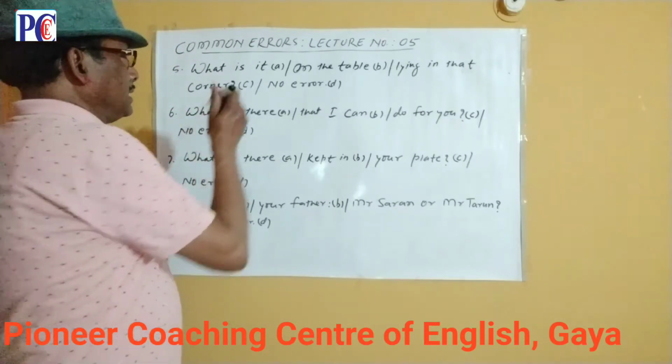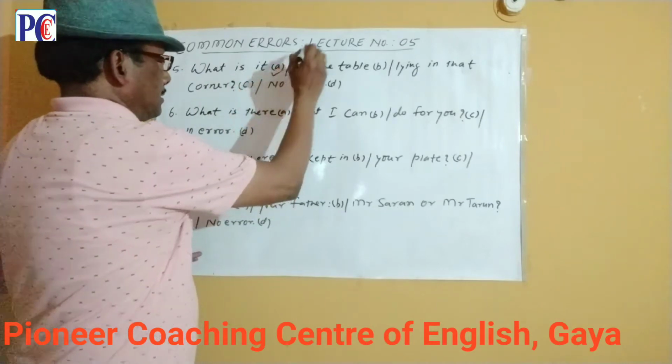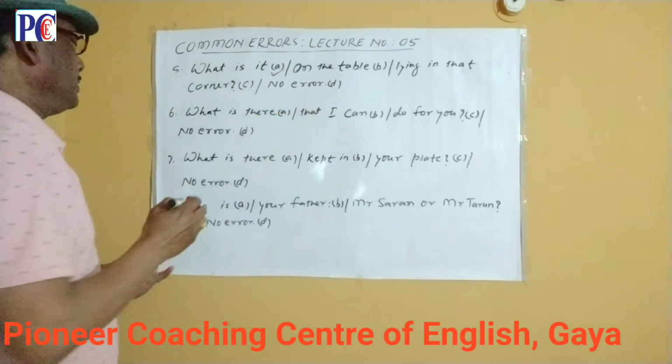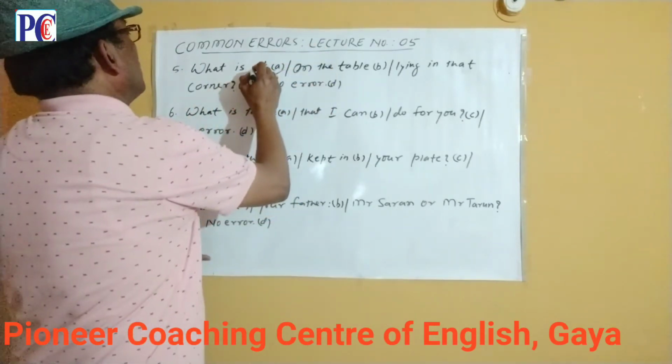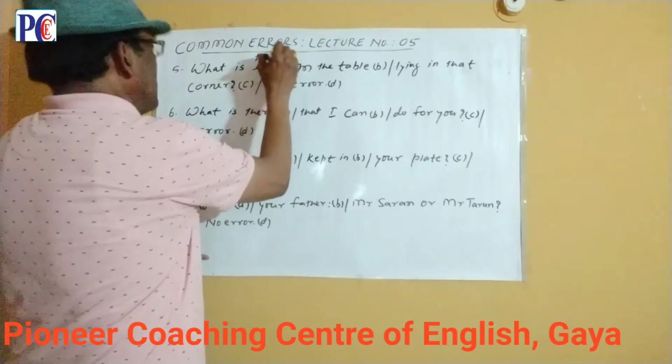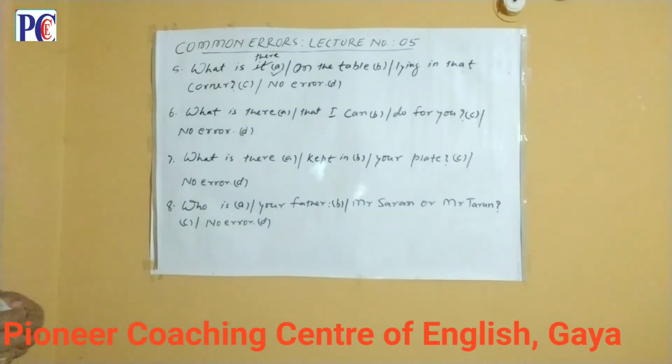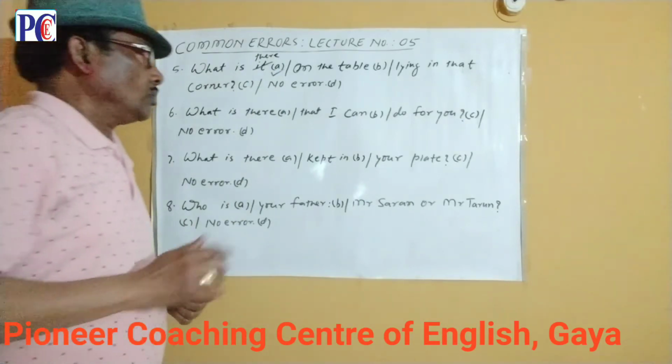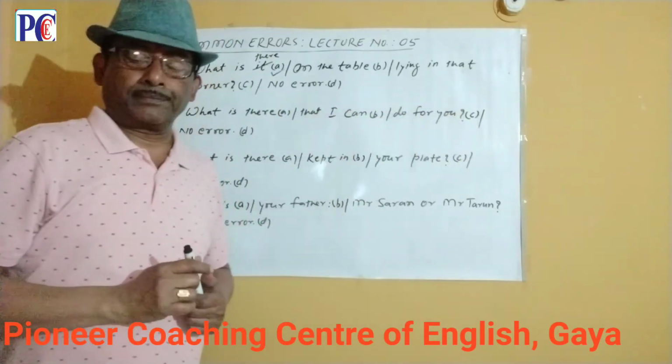So the error lies in part A. The correction will be to replace the dummy pronoun it by there. Hence the correct sentence: what is there on the table in that corner?